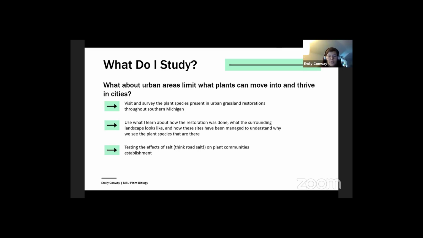But we also know that there's an increased amount of salt in these environments, and especially in environments that are not adapted to salt. So think about Michigan being surrounded by lakes as opposed to surrounded by oceans. This increase in salt might be really important for what plants are able to establish or grow in these urban environments.